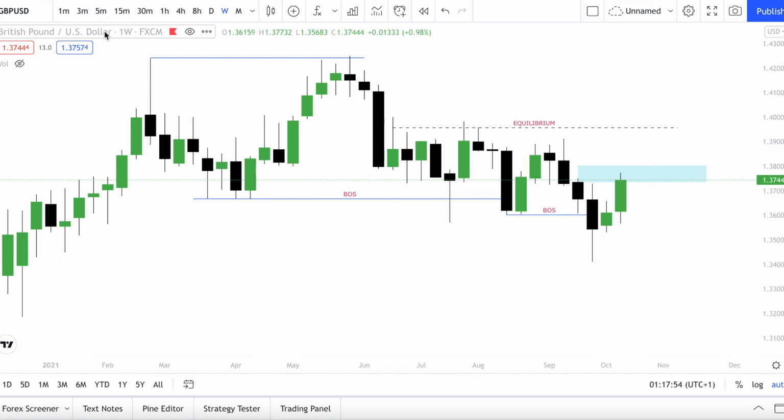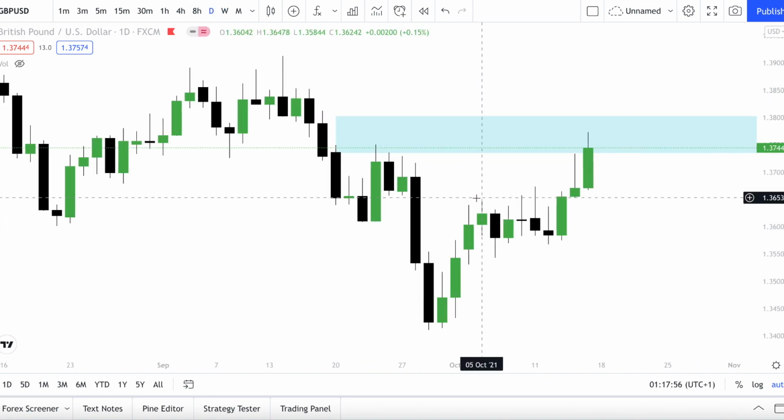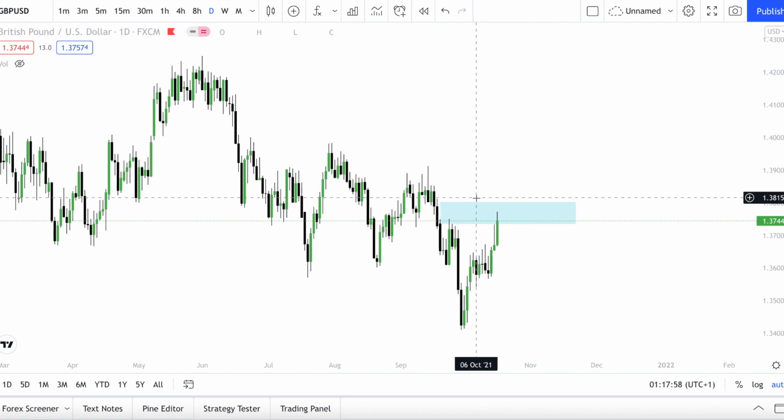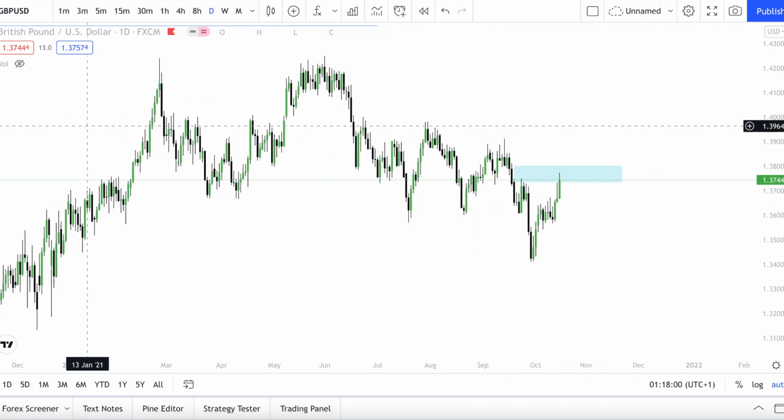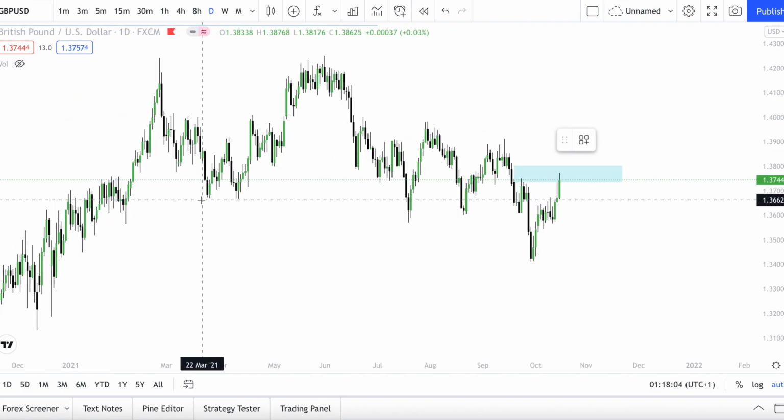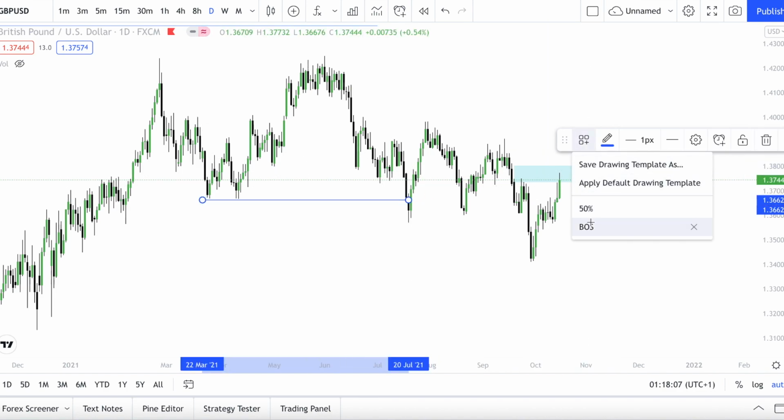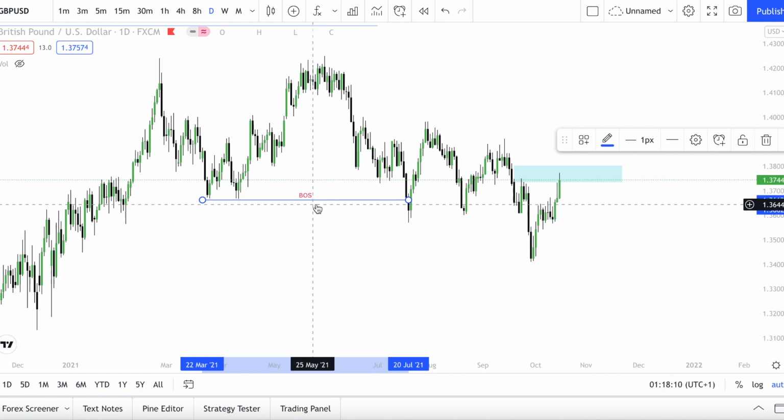Cool. So we'll look at daily. And now what's interesting is this is considered a break structure. However, on a weekly, we wouldn't consider this a break structure. You guys understand this?